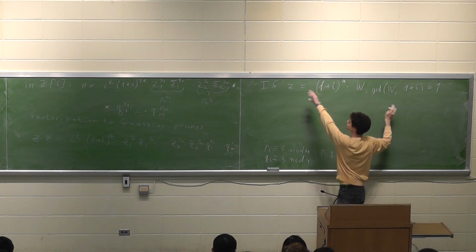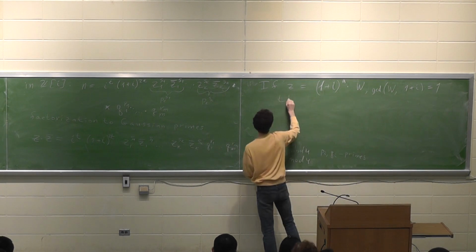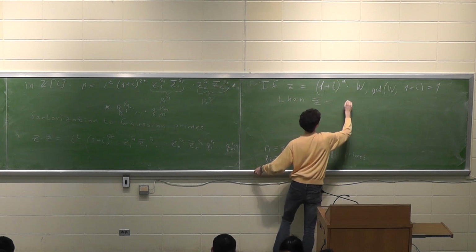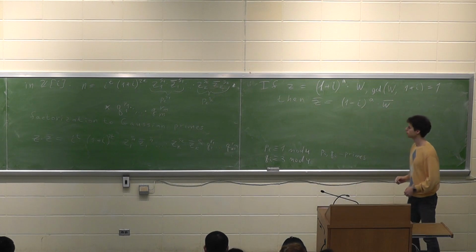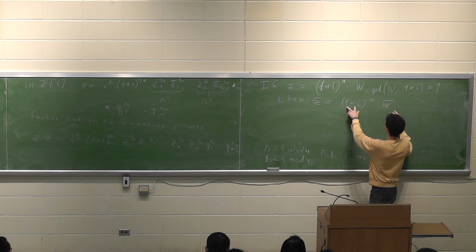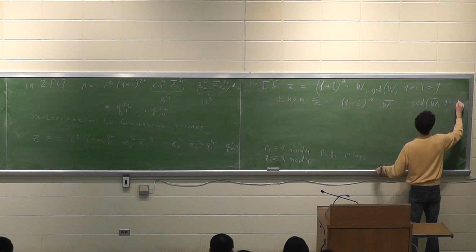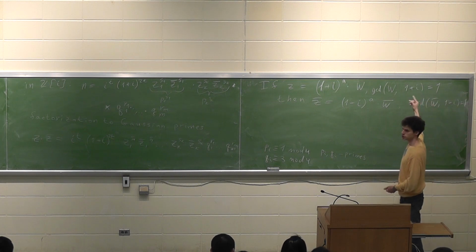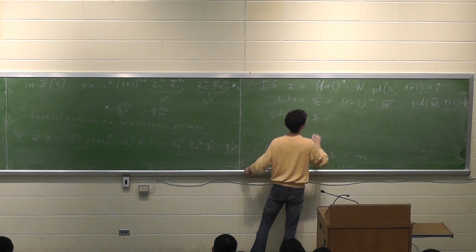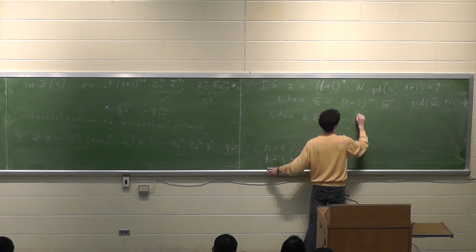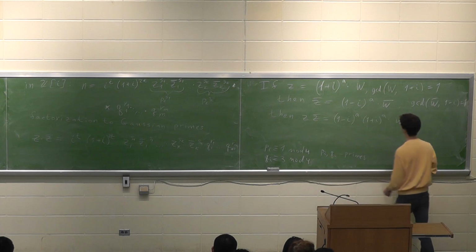So suppose I factor the largest possible power of 1 plus i out of the number z. Then z conjugate is (1 minus i) to the power a times w conjugate. And this is the largest power of 1 minus i which I can factor out, because the gcd of w conjugate and 1 minus i is still 1. So just conjugating this equality, the product of z and z conjugate is (1 minus i) to the power a, (1 plus i) to the power a, times w conjugate.